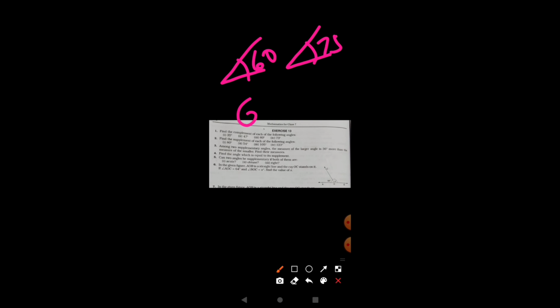Can their sum be equal to 180 degrees? It is less than 90, it is also less than 90. How can their sum be equal to 180 degrees? 60 plus 75 degrees will be equal to 135 degrees, not equal to 180. So these cannot be supplementary angles.